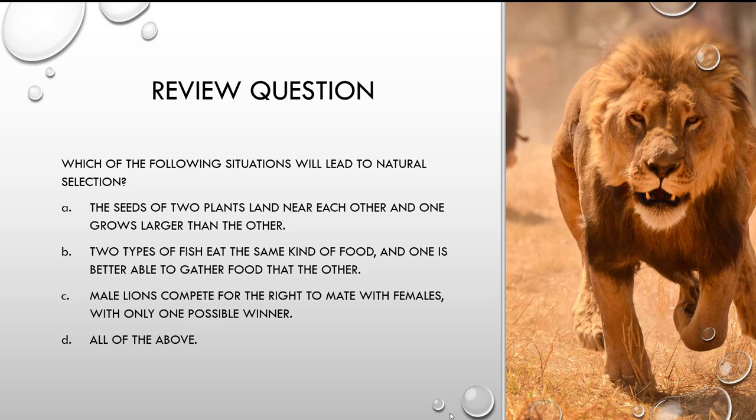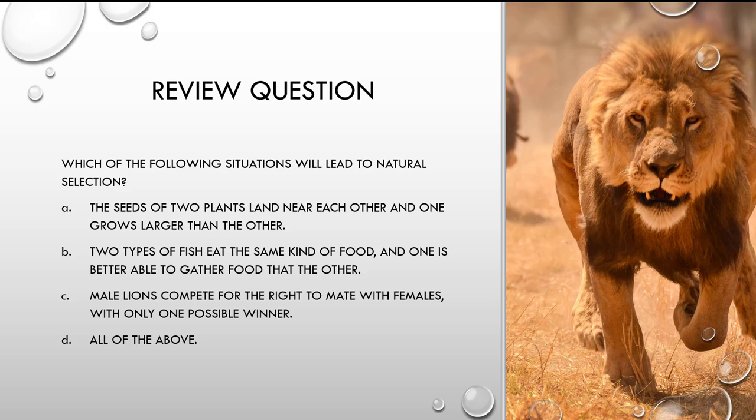Here's another question. Which of the following situations will lead to natural selection? Is it A, the seeds of two plants land near each other and one grows larger than the other? B, two types of fish eat the same kind of food and one is better able to gather food than the other? Sorry for the misspelling. C, male lions compete for the right to mate with females with only one possible winner.